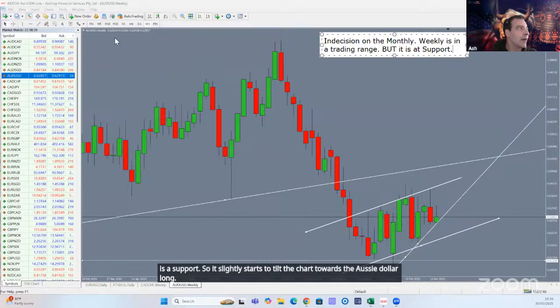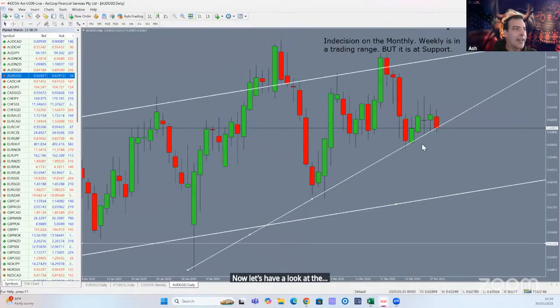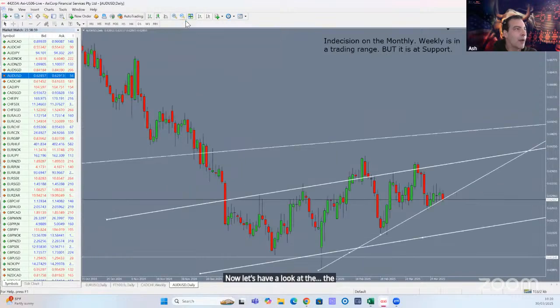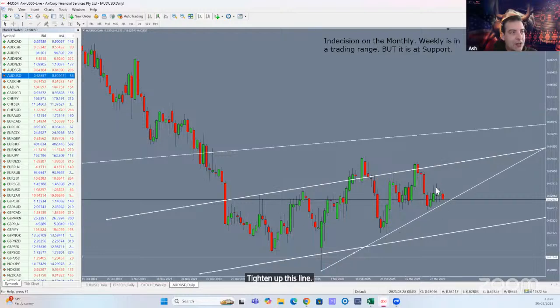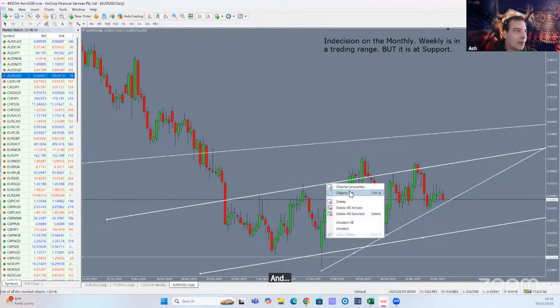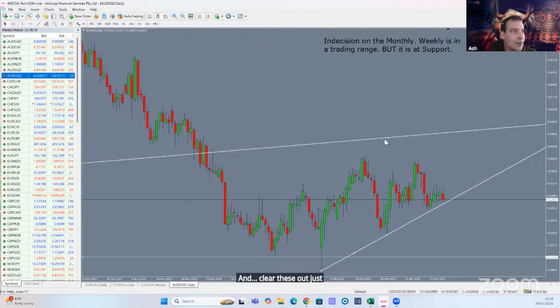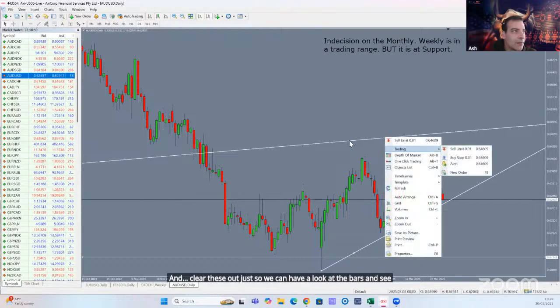Now let's have a look at the daily. We'll just come out a little bit on the daily. Tighten up this line. So the daily again is on support here. Clear these out just so we can have a look at the bars and see what this is giving us.